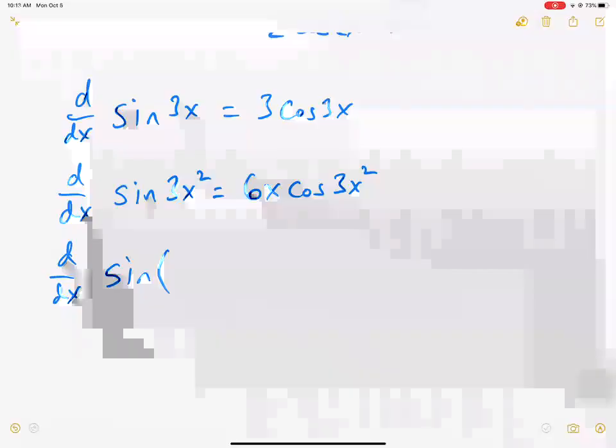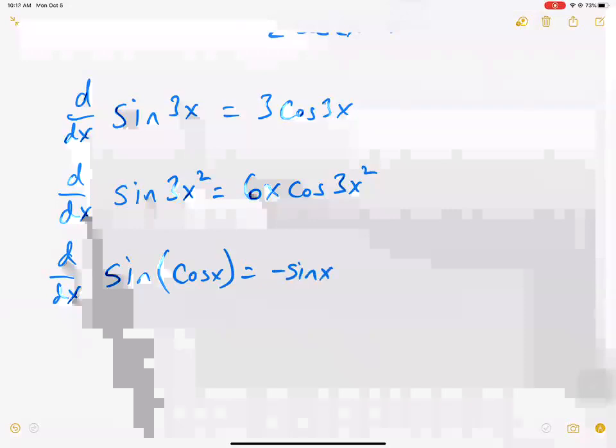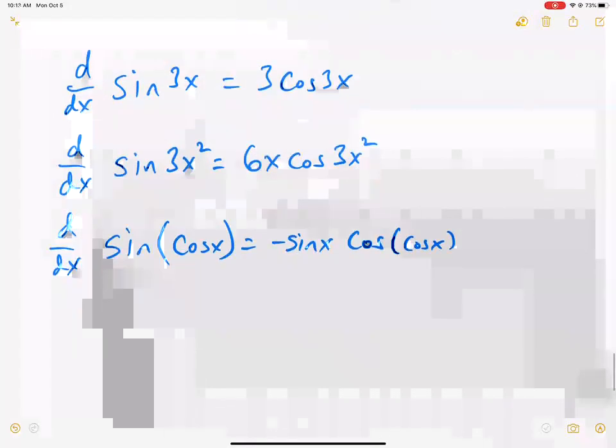Okay, so if I give you this one, cosine of x, the derivative of cosine x will be negative sine of x. Anyone see a pattern? Let me give you one more, just one more.